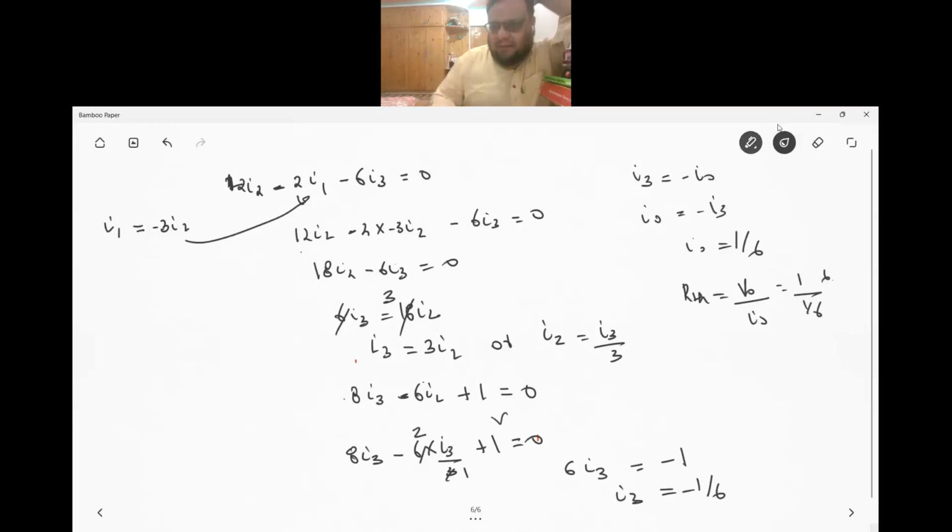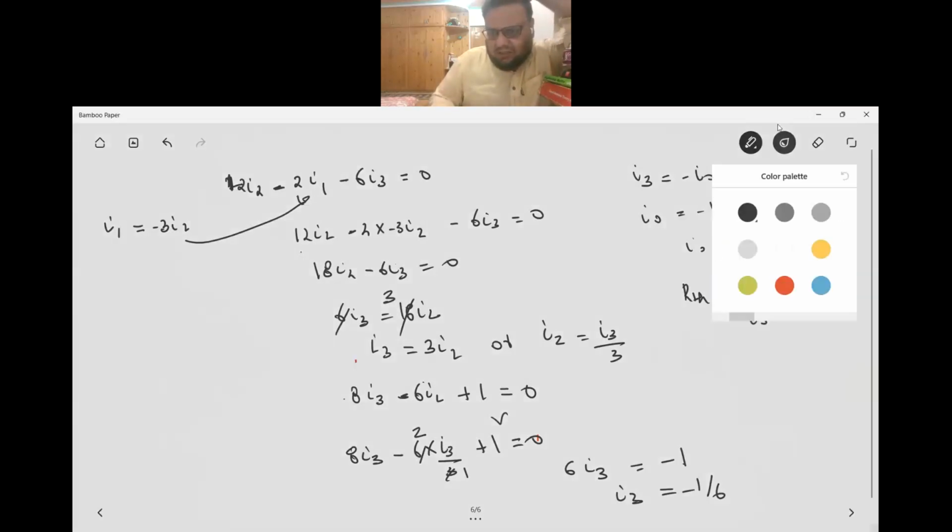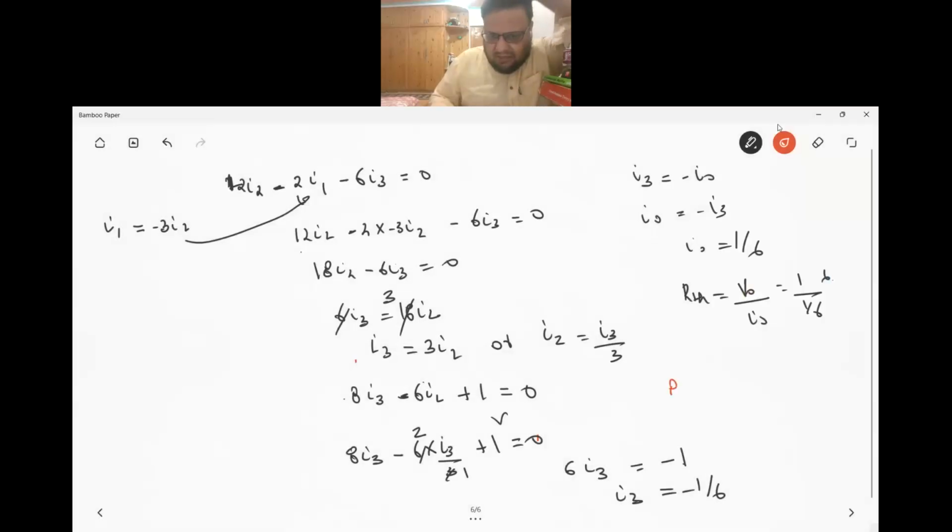Now I told you one thing. This 1 volt I can keep 2 or 3. Result will not change. Now you see again I do 8 I3 minus 6 into I3 by 3, the same as in the previous case. This I change. Let me put it 2. So now 6I3 is equal to, in this case I3 value would be minus 2 by 6.